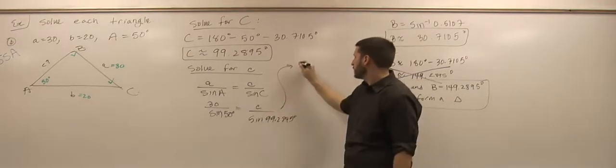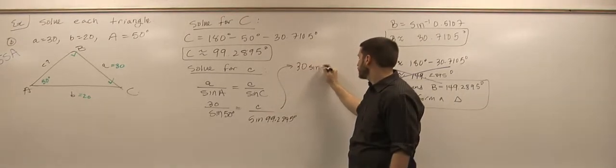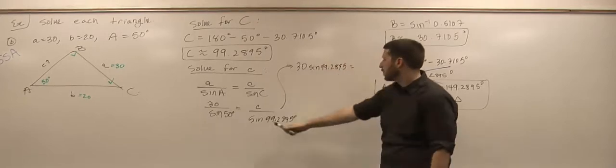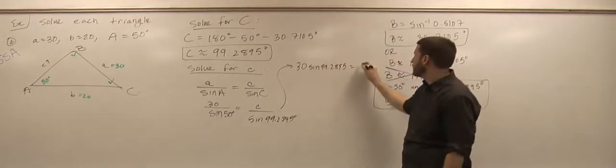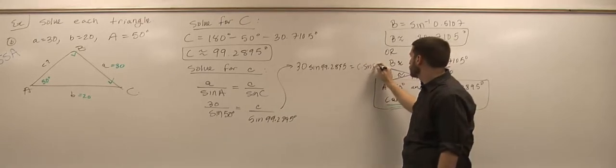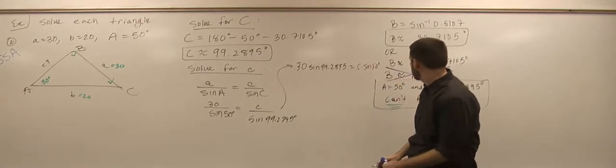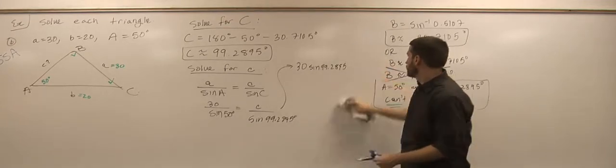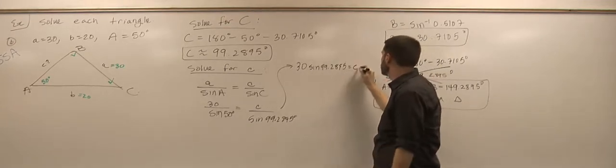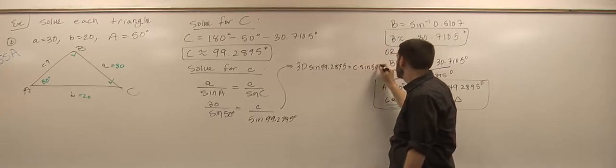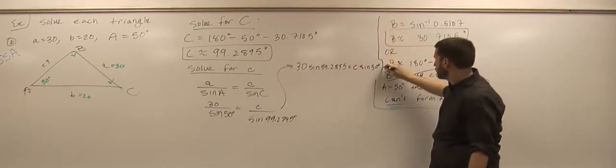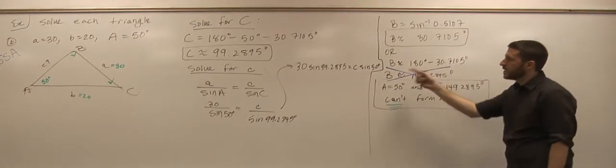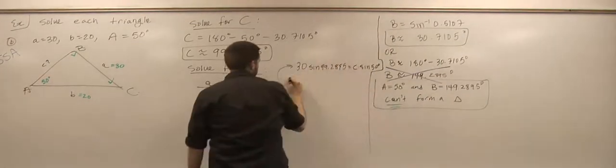Cross multiply, 30 sine 99.2895 should equal c times sine 50. Then divide by sine 50, and you got your c.